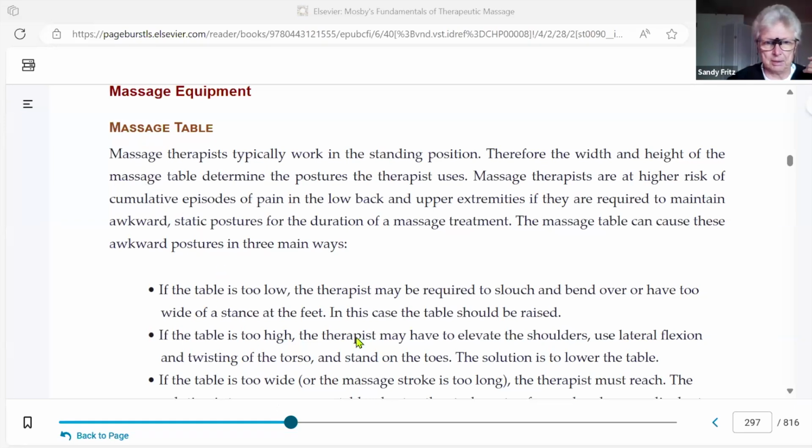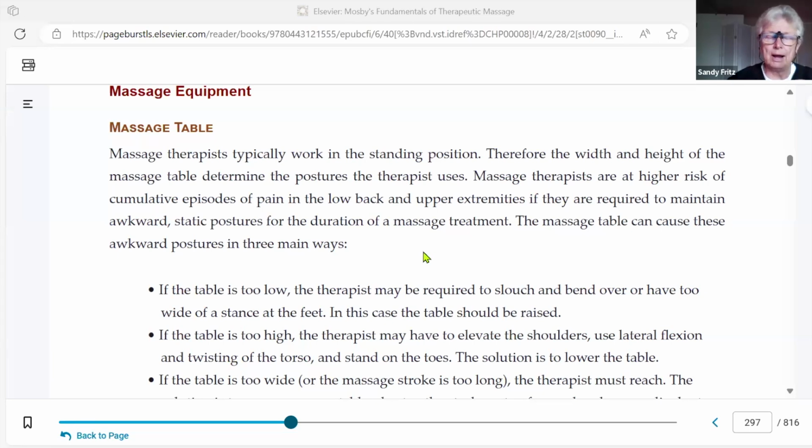I already mentioned table height here. So if you are working in a location, the employer should provide hydraulic adjustable tables. If they don't, go work someplace else. You can't carry those around though.